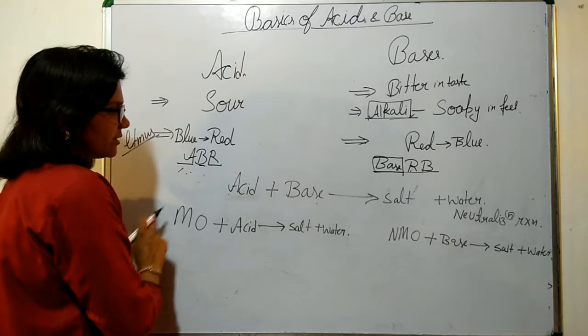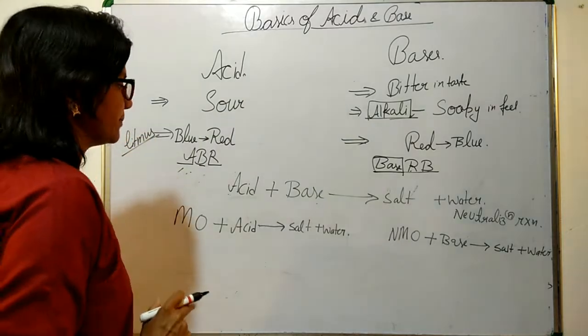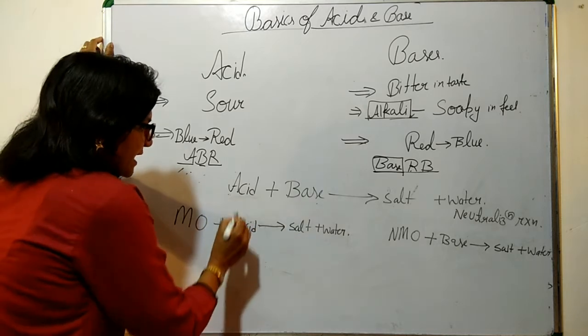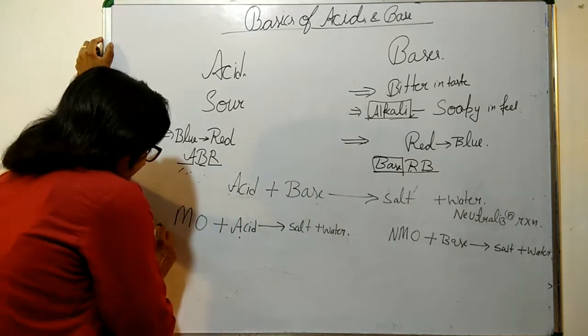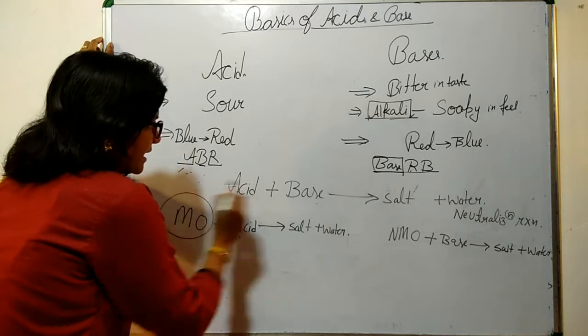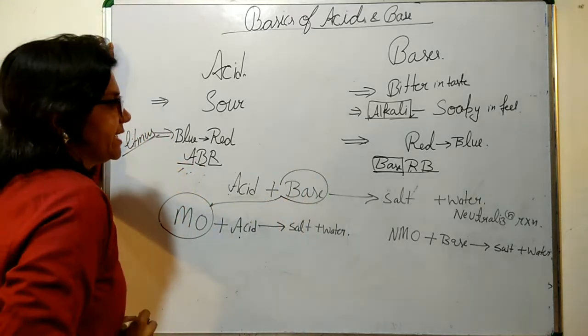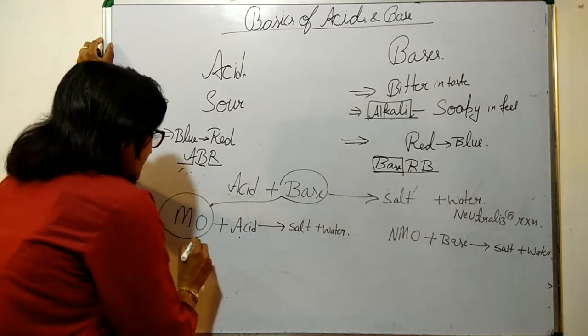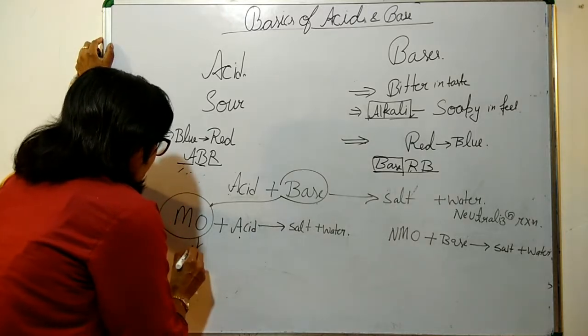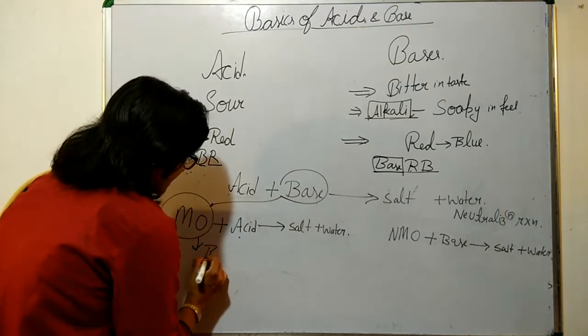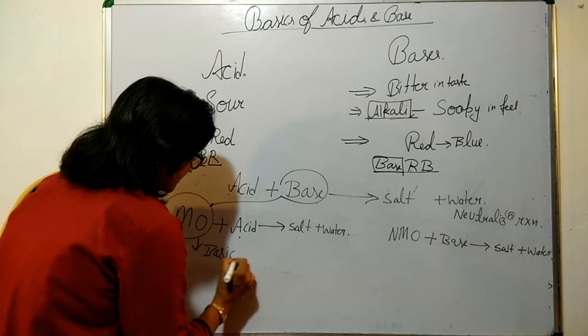Is there any similarity between these two reactions? If we observe it carefully, we find that if it is acid, it is acid. But here the metallic oxide is analogous to base. It proves that all the metallic oxides are basic in nature.